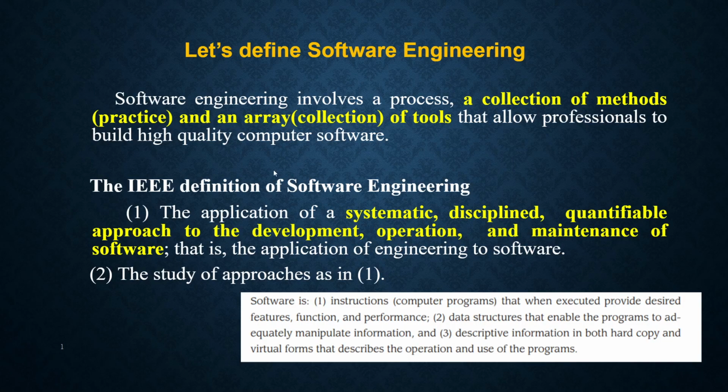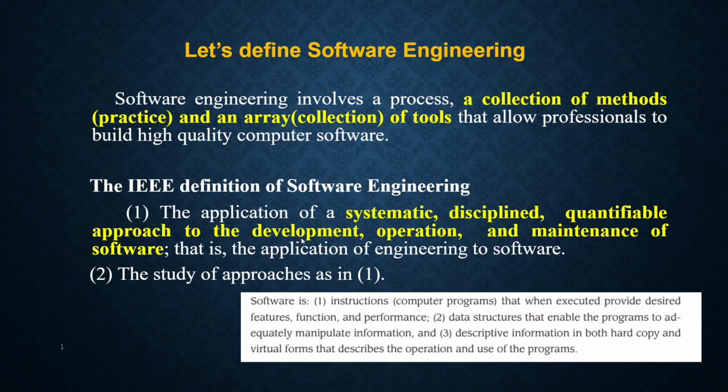Now a simple definition. What is software engineering? It involves a process, a collection of methods, and some tools. These three things help professionals build high quality computer software. How does IEEE define this? The application of a systematic, disciplined, quantifiable approach to the development, operation and maintenance of software.